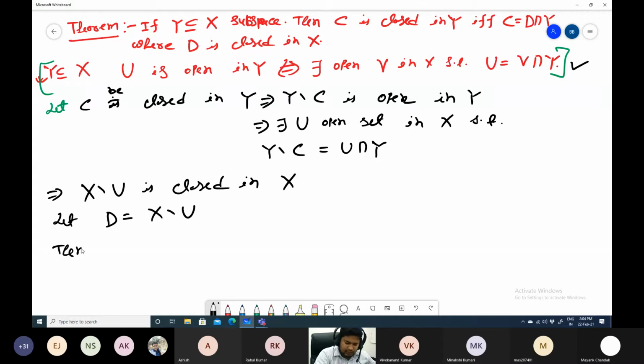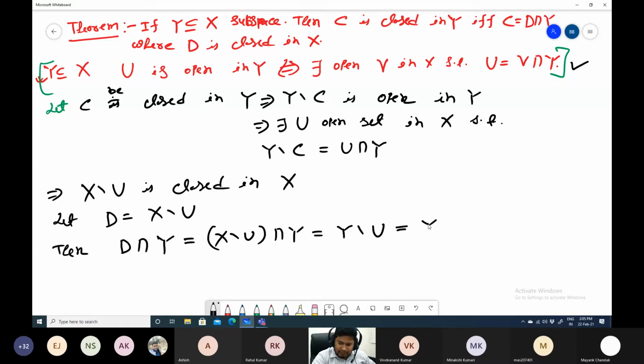Now then, what is D intersection Y? Can you see that D intersection Y is actually C? Okay, so what is that? This is just X minus U intersection Y, which is just Y minus U, right? And what is Y minus U?